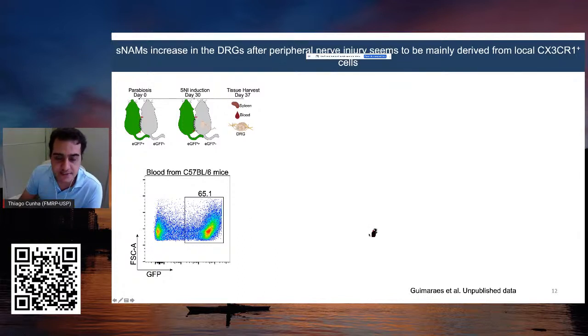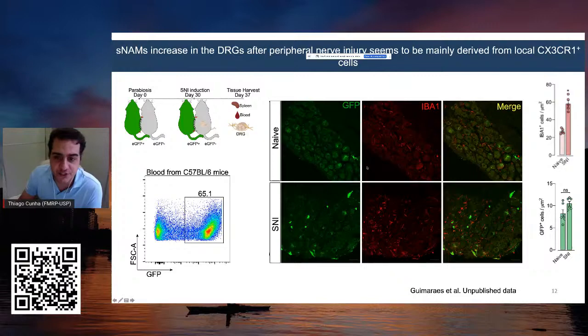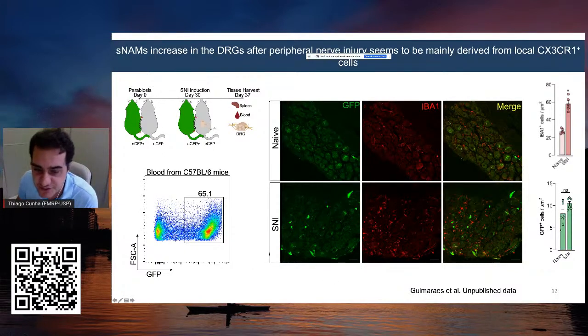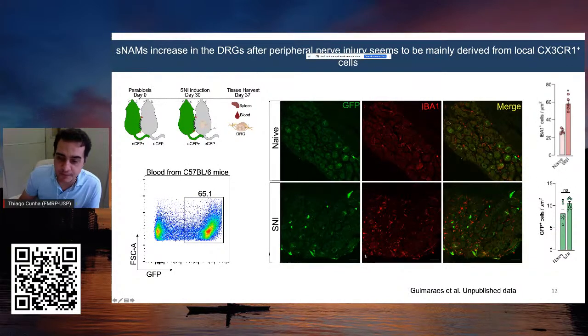When you analyze the infiltration of cells in the DRG of the wild type mice, we saw an increase in the IBA1 cells, suggesting that there is an expansion of macrophages in the DRG, but we didn't observe a significant increase in the number of GFP cells in the DRG, suggesting again that probably the resident cells are proliferating in the DRG after the SNI, which accounts for the increase in macrophages.